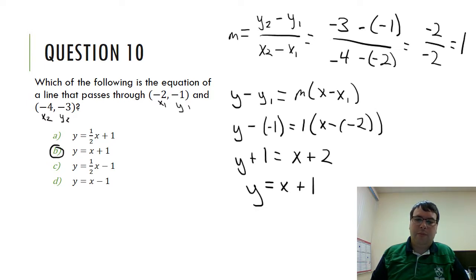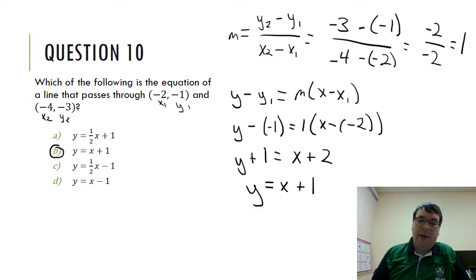Now, if you recall from algebra, perhaps, there was a nice little equation called point slope. And the equation is y minus y1 is equal to m, the slope, times the quantity of x minus x1. Well, we now have m, we just solved for it, right? And we have a point, x1, y1, so let's use it.